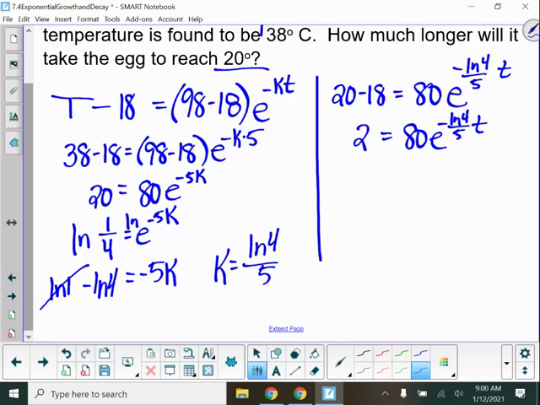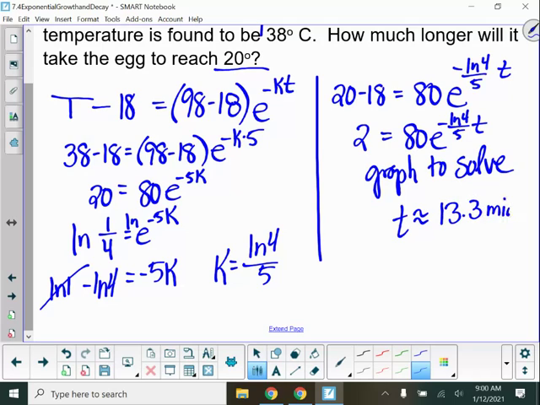So the easiest thing to do would probably be to graph the left and the right sides. We're going to graph to solve this. And you get t is equal to approximately 13.3 minutes.